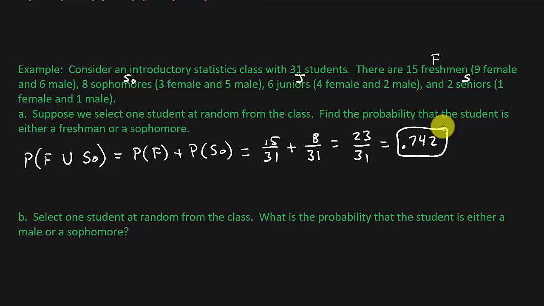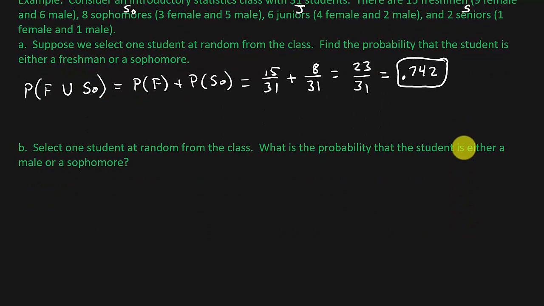All right, so let's look at part B. Select one student at random from the class. What is the probability that the student is either a male or a sophomore? Okay, so the probability male or a sophomore.